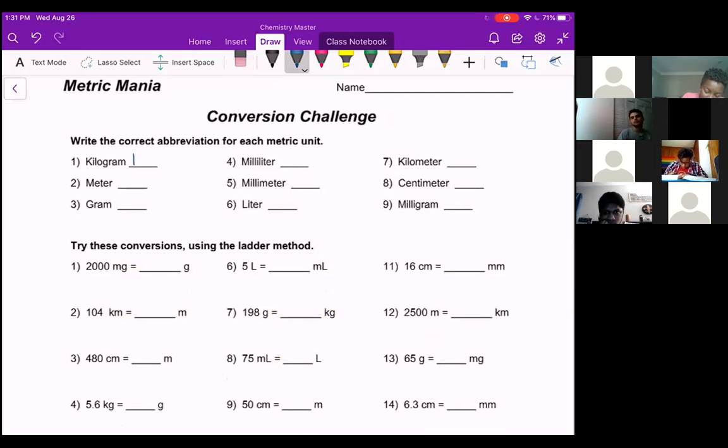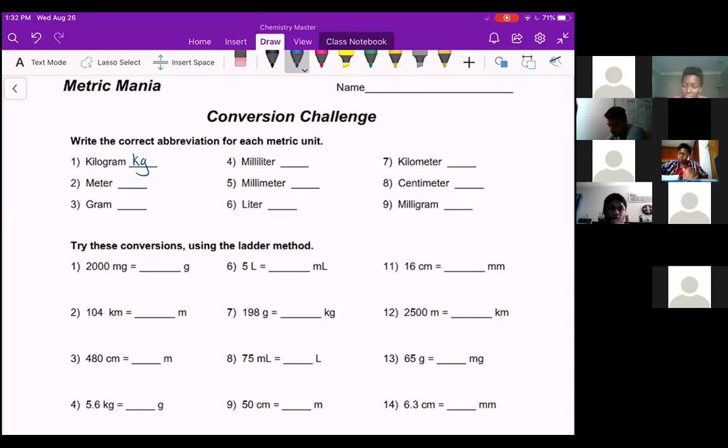KG. KG, very nice. Faith, how about meter? What letter do you want? M. Yes, very nice.